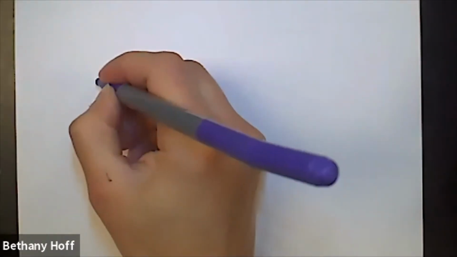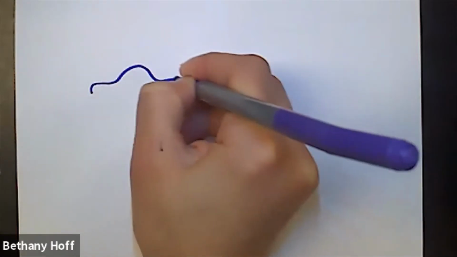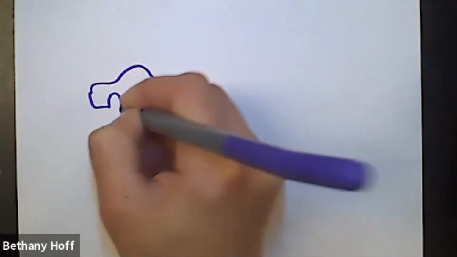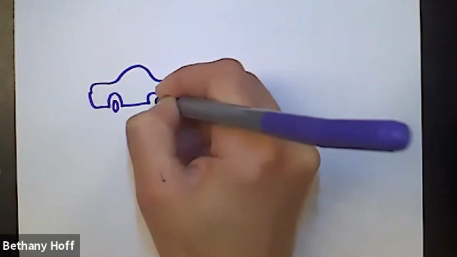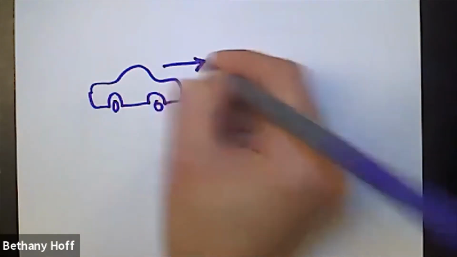Okay, so let's look at our first problem. In order to understand this problem, I am going to do an amazing artistic representation of our two cars. So let's say here is one car, and it has some wheels, and it is moving this way.